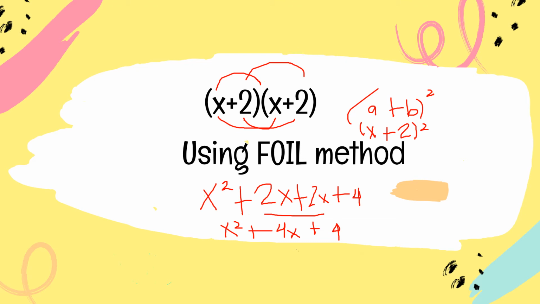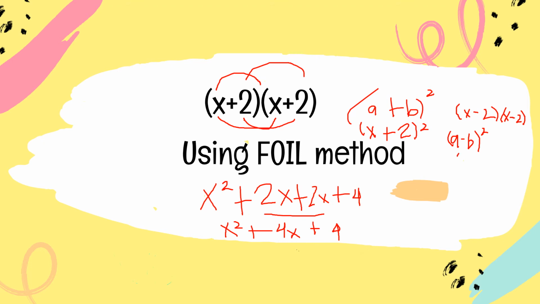So, paano naman po pag subtraction? So, pag subtraction, pwedeng x minus 2 times x minus 2. So, siya naman ay nasa form na the quantity of a minus b squared.